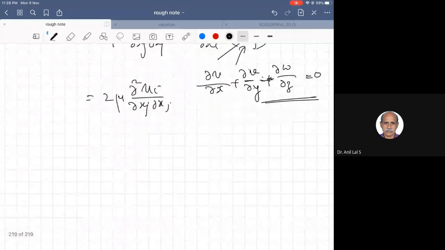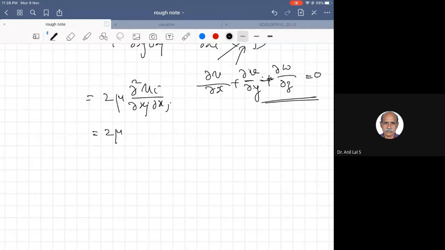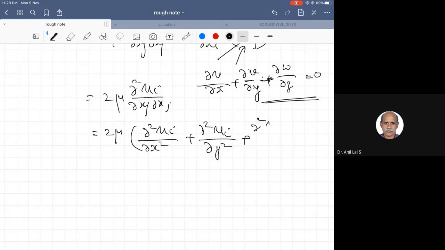So this is actually 2 mu into ∂²ui/∂x² plus ∂²ui/∂y² plus ∂²ui/∂z². So that way this 2 mu into del squared of ui.